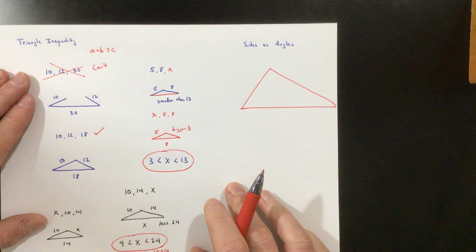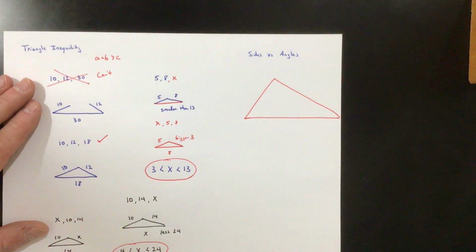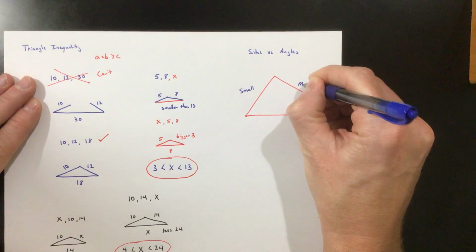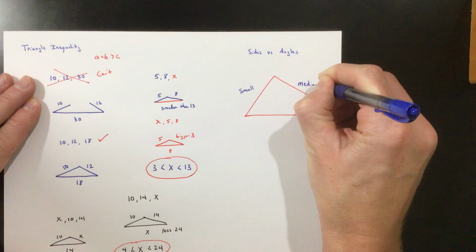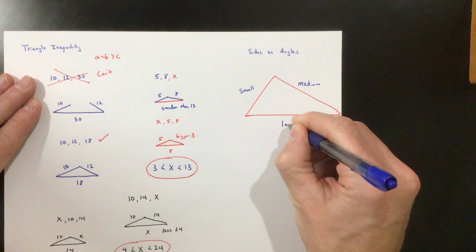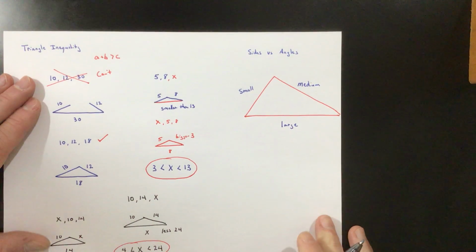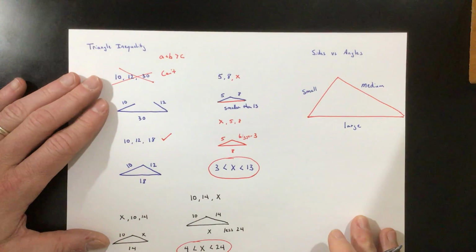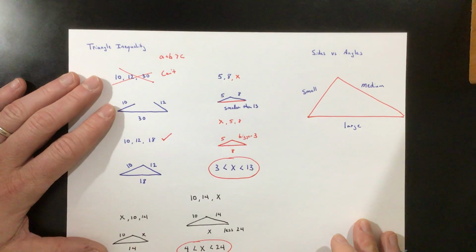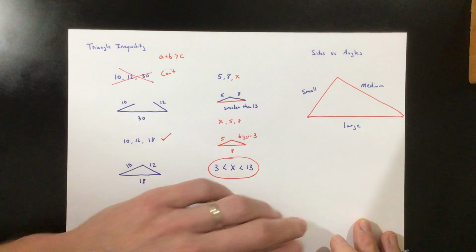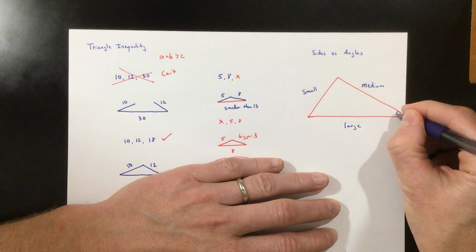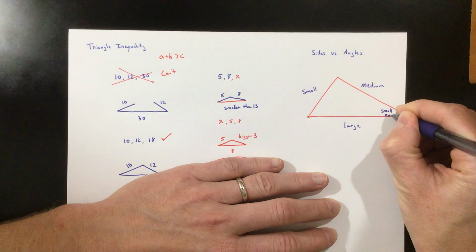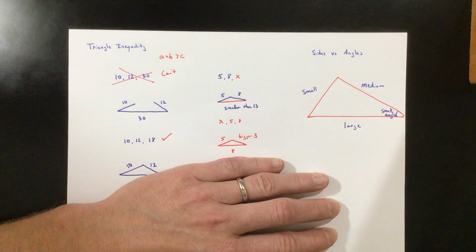If you draw a triangle like that, and this is the small side, this is the medium side, and this is the large side, okay, you will notice that if we take the angle measurements of these guys, where do you think the smallest angle is? Well, the smallest angle is across from the smallest side.